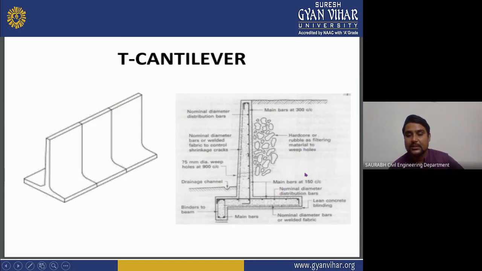And these are the main bars which are provided at the bottom of this T cantilever retaining wall. They will be provided at 150 center to center, and nominal diameter distributed bars are provided in this section of the wall, and this is your lean concrete binding which works as the platform for this base, and this is your nominal diameter bar or welded fabric.